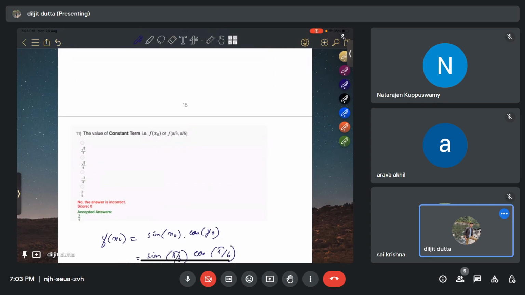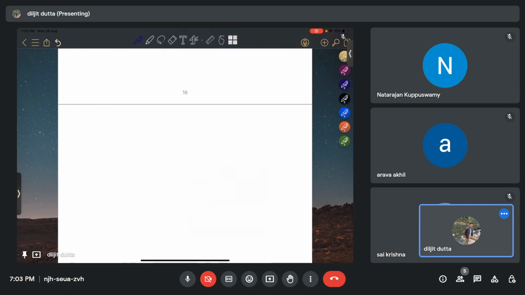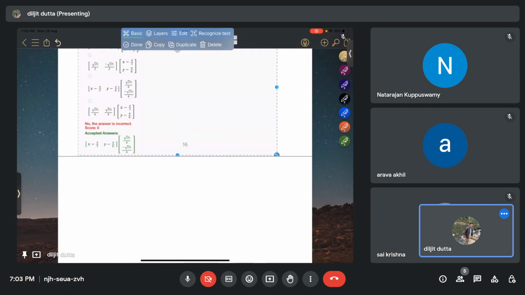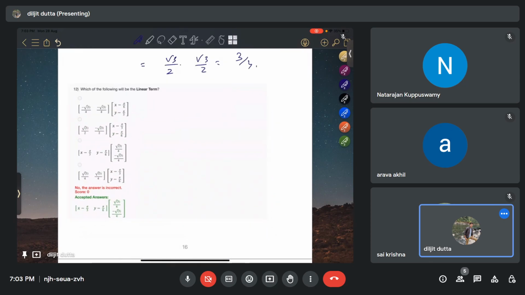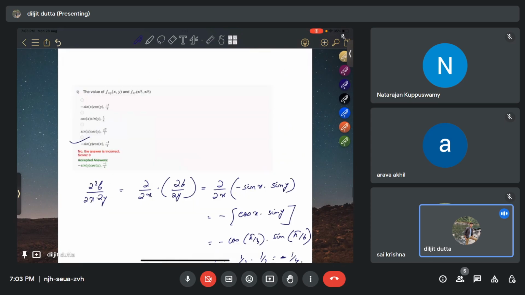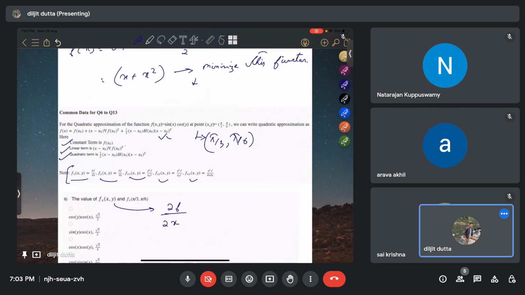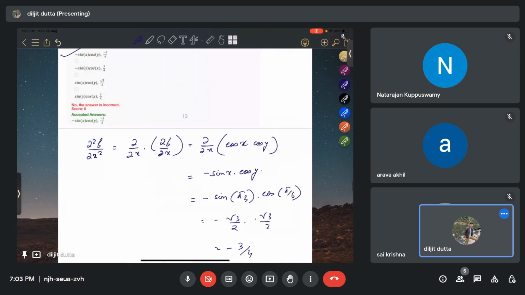This is the constant term. Now which of the following is the linear term? The linear term is given by what? This is the linear term. Linear term is x minus x naught into del f of x naught whole transpose.